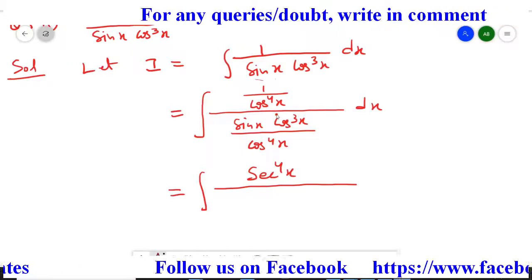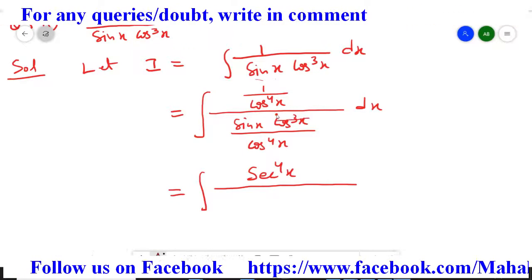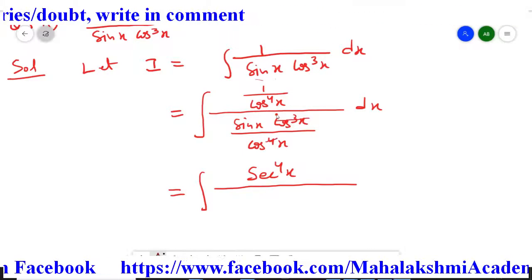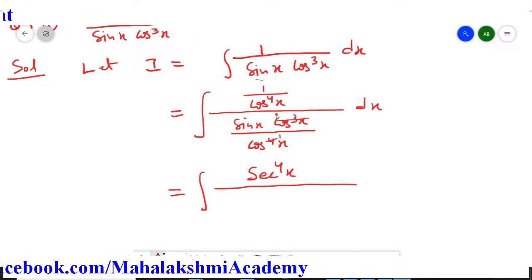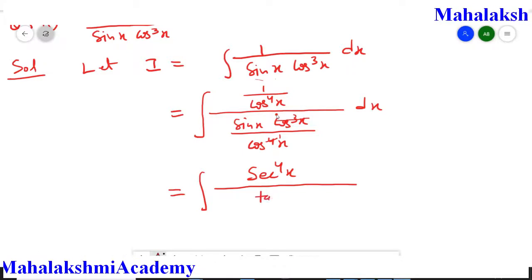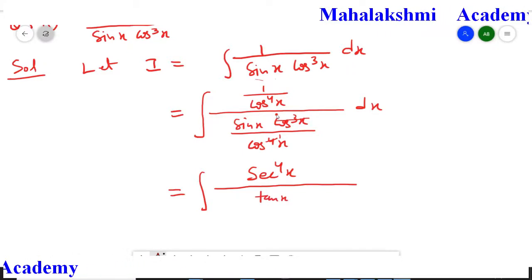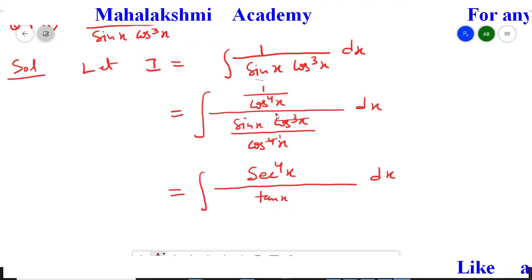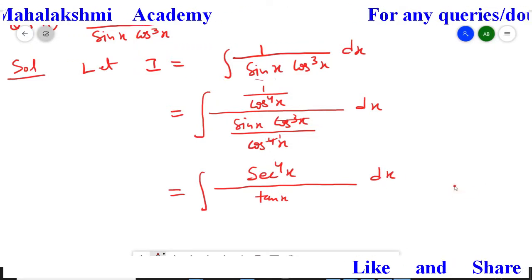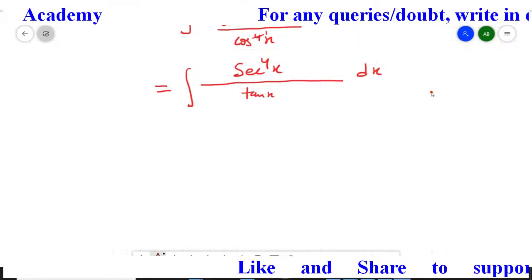Now here cos cube x can cancel, and what power is going to remain? 1. So sin x upon cos x is only tan x, and then dx as it is. Now we have to simplify this further, because here the power is 4, so we are going to simplify it.